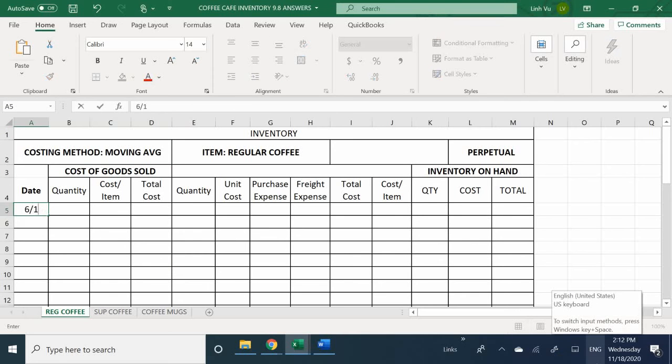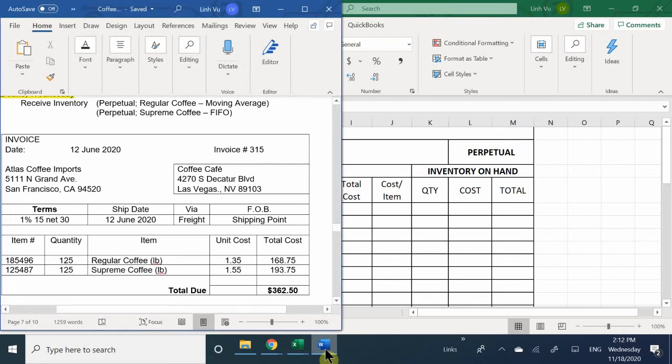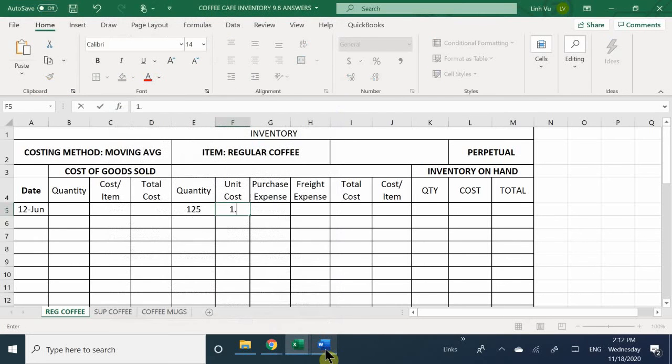On June 12th, we received a quantity of 125 pounds. And each pound cost how much? $1.35. So you get your total purchases here of $168.75.